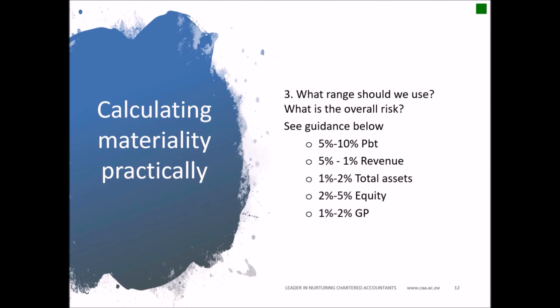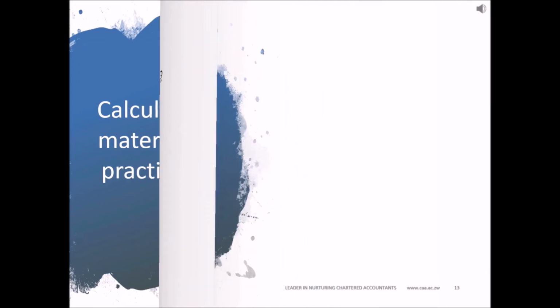But if risk is low, you can afford to take the upper range to say, I'm going to use profit before tax 10% because my risk is low. So remember, for your selection of the range of materiality, it's also derived by the risk associated with that client.